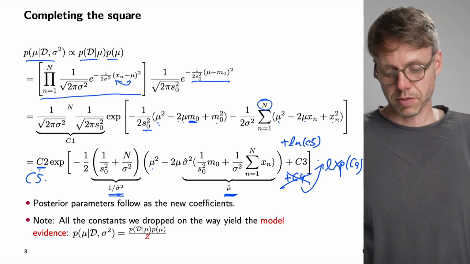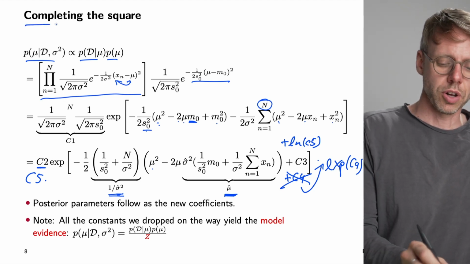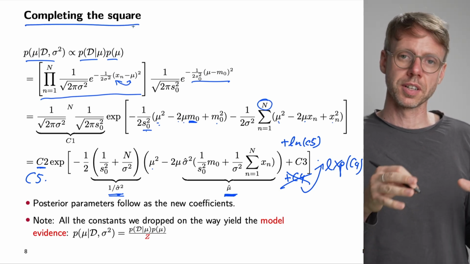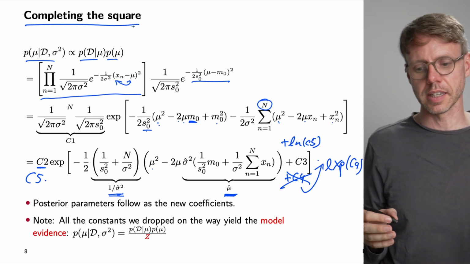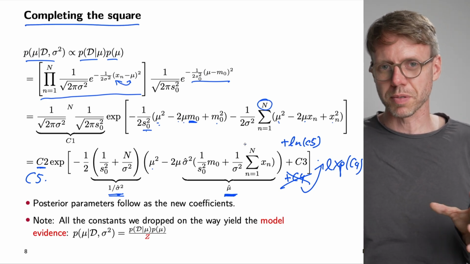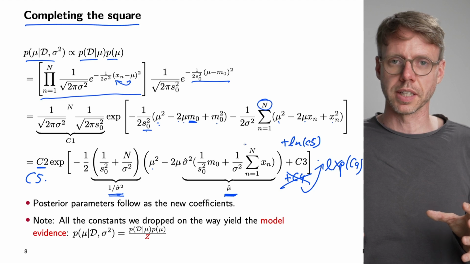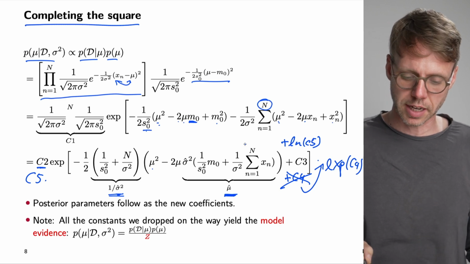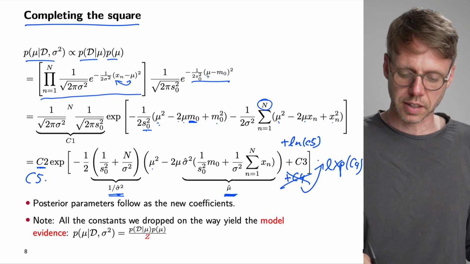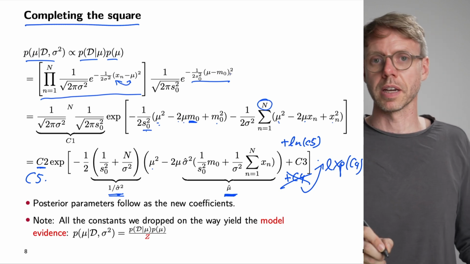The trick that we have just done is called completing the square, which I'm sure you have done for squares in school. In this case, it's a little bit more complicated, but in the end, it's not more than just completing the square, such that we get this form of something minus the new mean, squared.